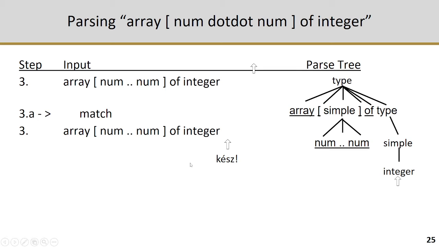Since this is the point where we can reach the end of the input sequence of tokens, the derivation is complete and we got the resultant parse tree.